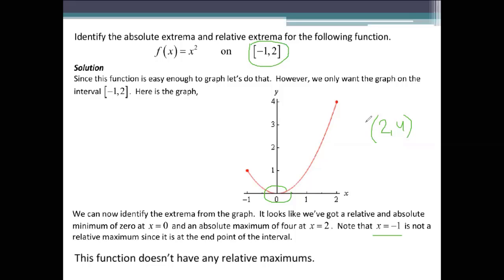And the relative minimum is 0, 0. This is the relative minimum. This one is the absolute maximum. Absolute maximum and relative minimum.